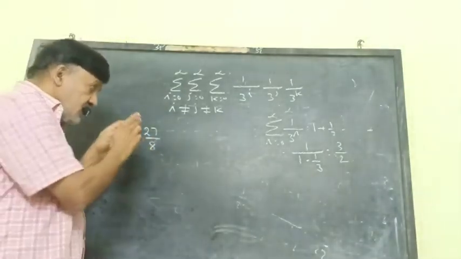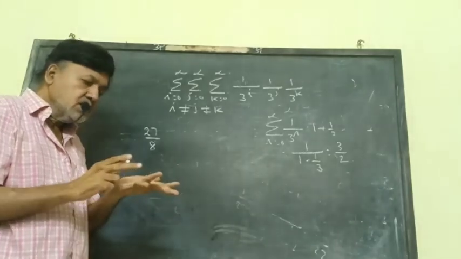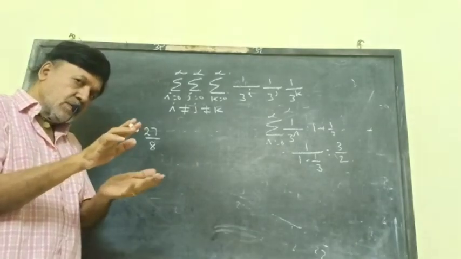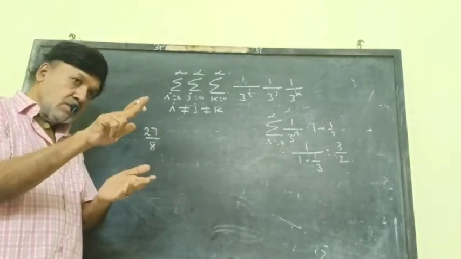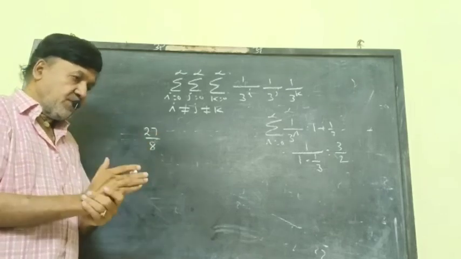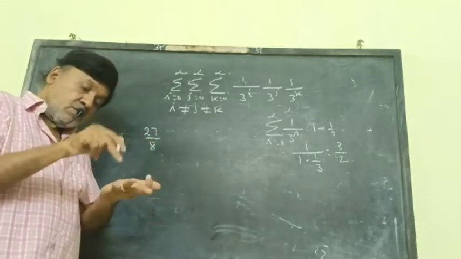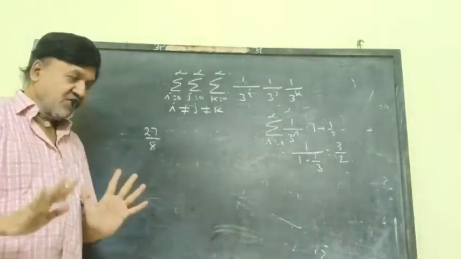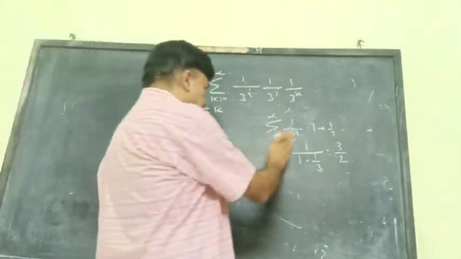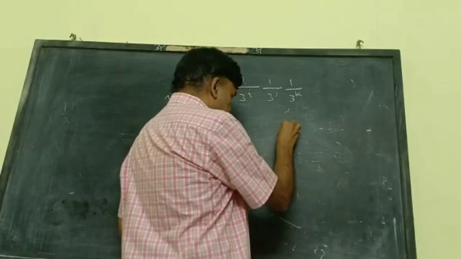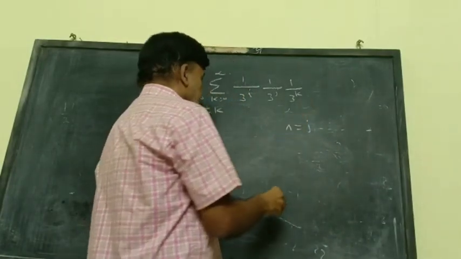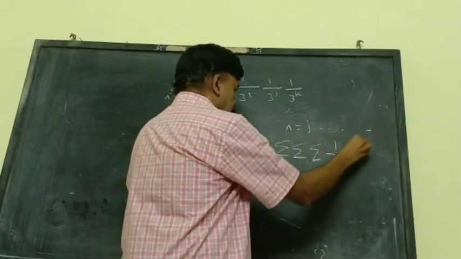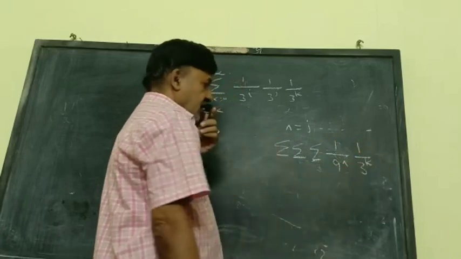Now, this includes the cases of i equal to j not equal to k, j equal to k not equal to i, and k equal to i not equal to j. 3 cases. And also one more case, i equal to j equal to k. So these 4 cases you have to subtract. First I am going to calculate the value when i is equal to j. It becomes 1 by 9 power i into 1 by 3 power k.